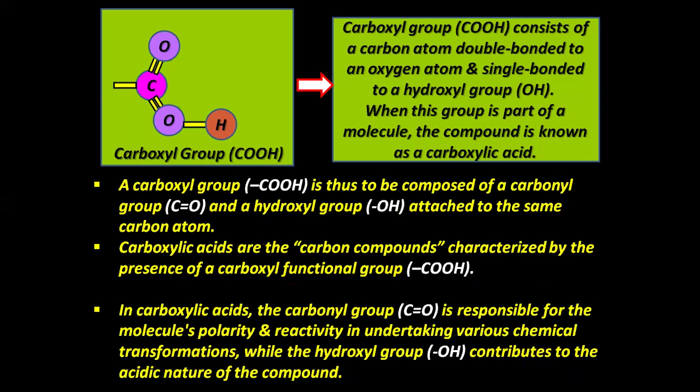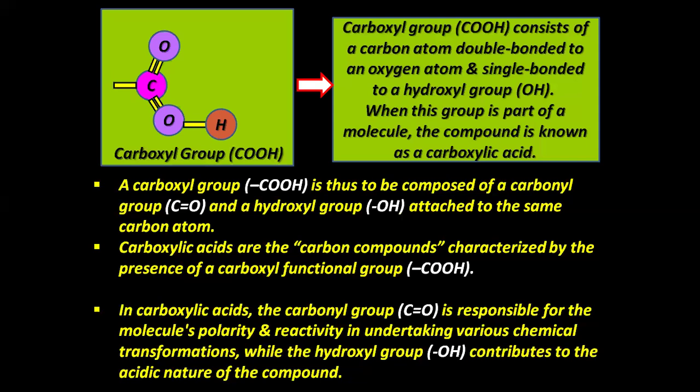Now see the format of the carboxyl group, where the carboxyl group consists of a carbon atom double bonded to an oxygen atom and single bonded to a hydroxyl group OH.